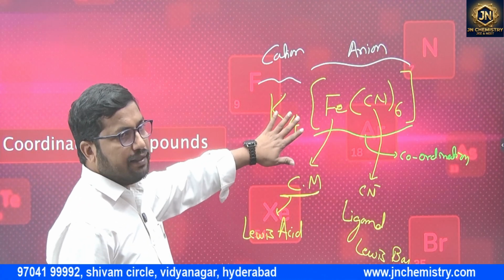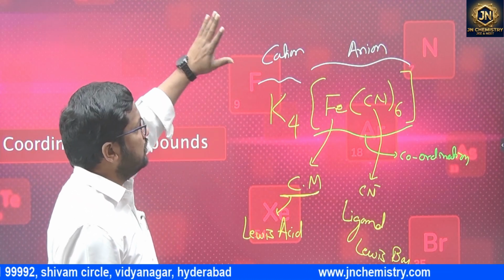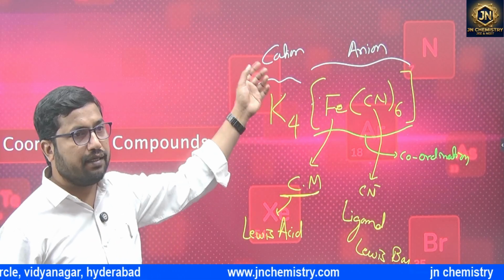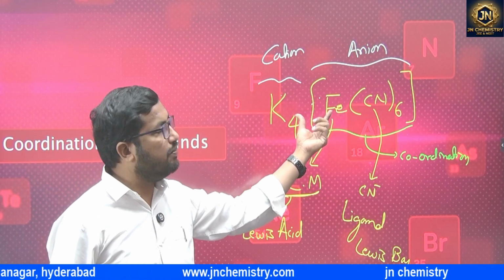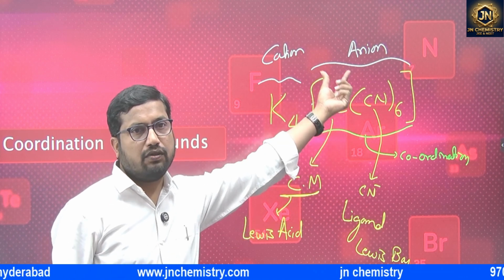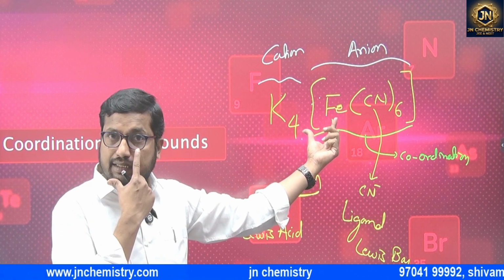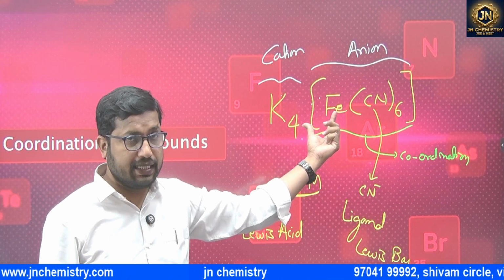Coordination sphere, central atom, ligands. We already discussed something about d block elements: in the central atom, because of vacancy in the d orbitals, the atomic number and the number of electrons present are important. I'm going to discuss that here also.